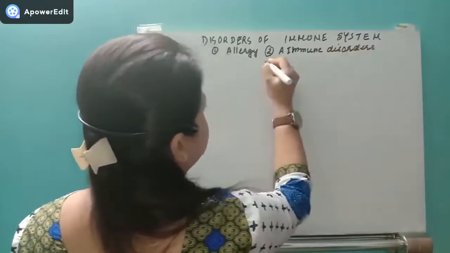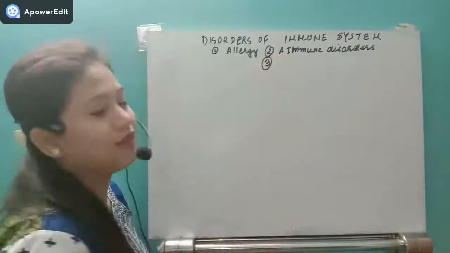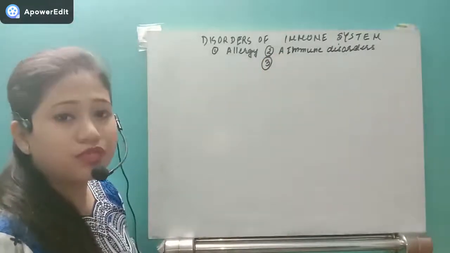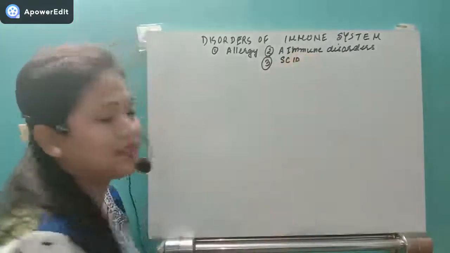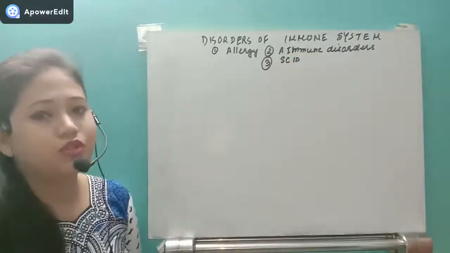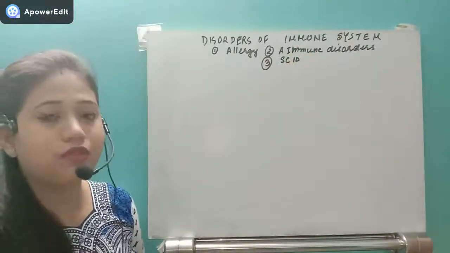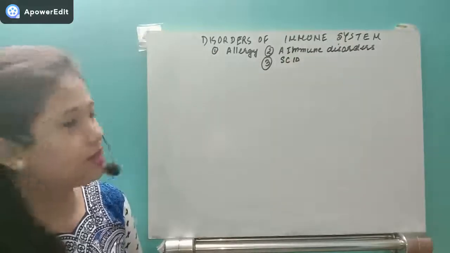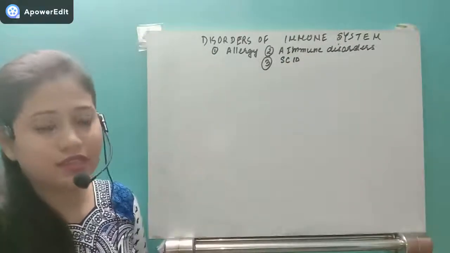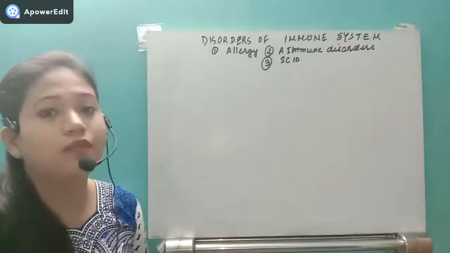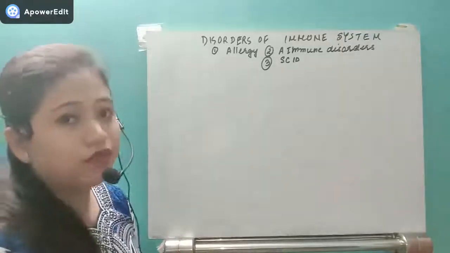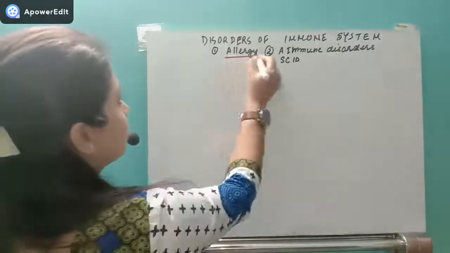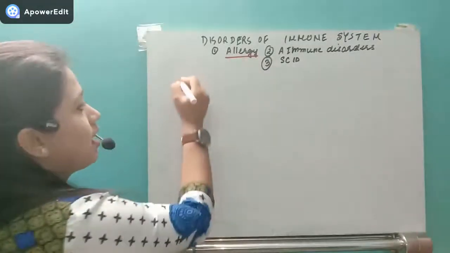And the third type is actually due to the deficiency of the immune cells; we suffer from one disease that is known as SCID. So due to the deficiency of the immune system, we will suffer another disease. All these disorders we will see in three separate videos. In this video we will discuss only the first type, that is allergy.